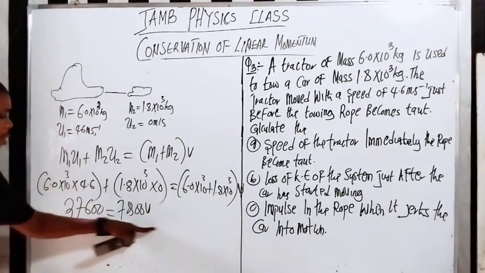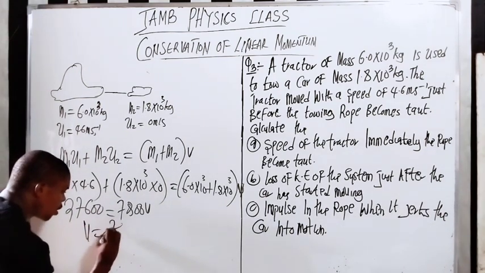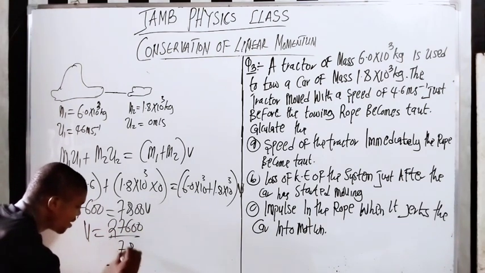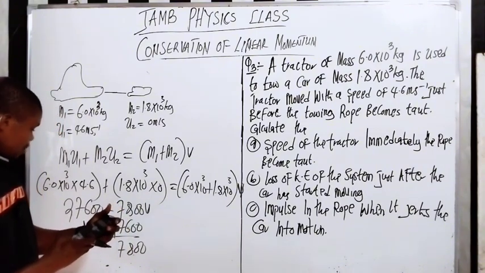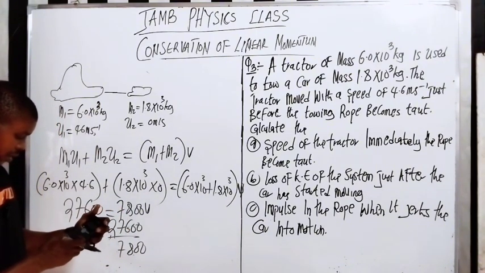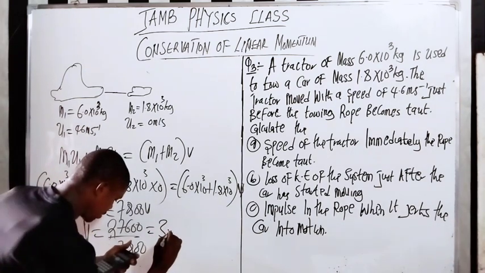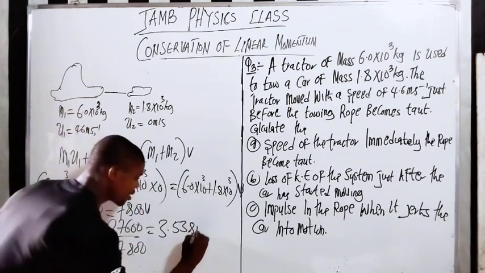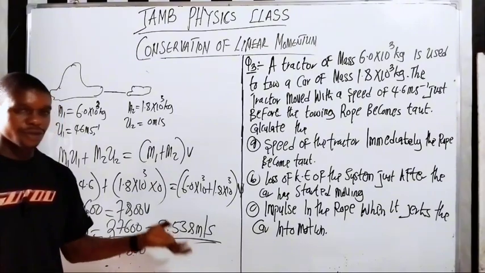So now I'm calculating the final velocity: v equals 27600 divided by 7800, which gives 3.538 meters per second.